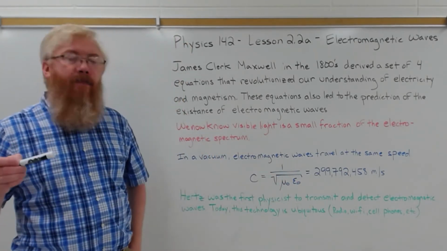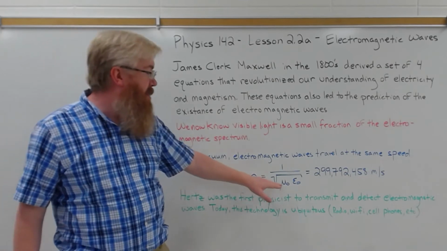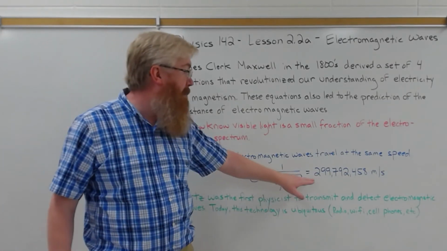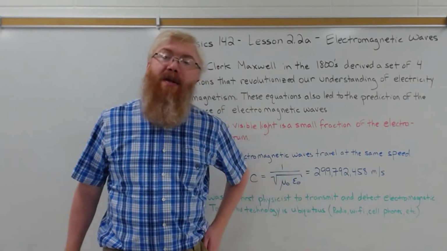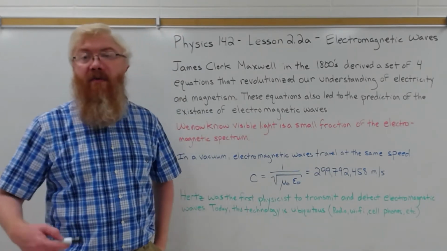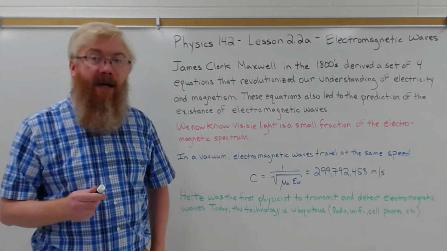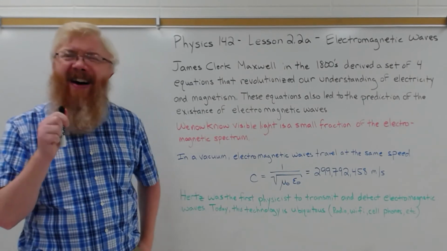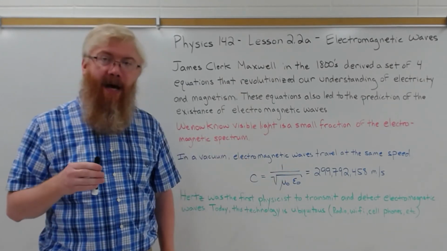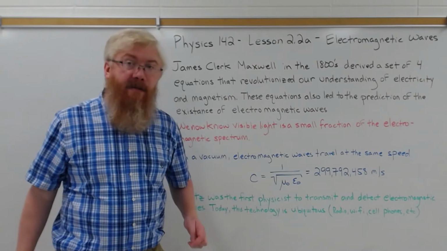The speed of light, when you plug this in using the values as precise as we know them, comes out to 299,792,458 meters per second exactly. In fact, the length of a meter is defined so that number comes out to be exact. Incredibly fast.